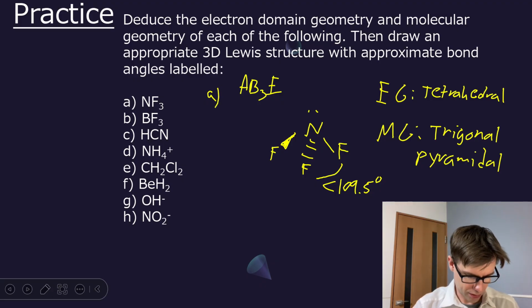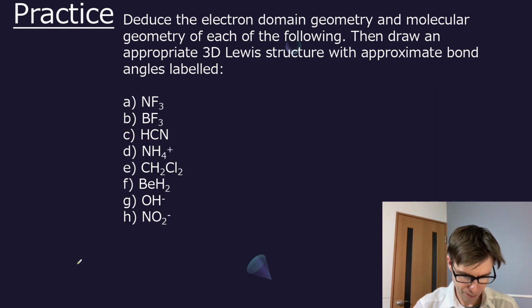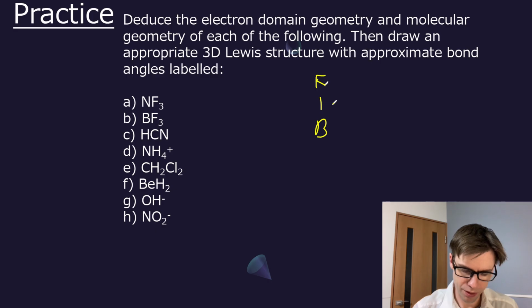Let's do B next. Clear this. BF3. B, draw your Lewis structure. F. Oh, one thing I realized I forgot on the previous answer there. Those fluorines should have lone pairs just like I'm drawing here.